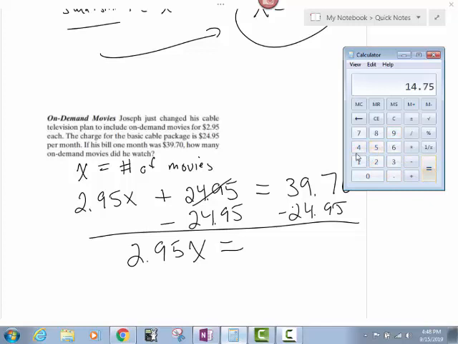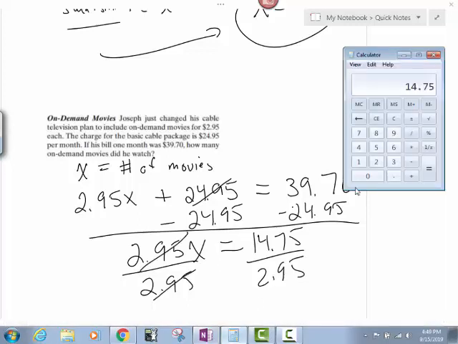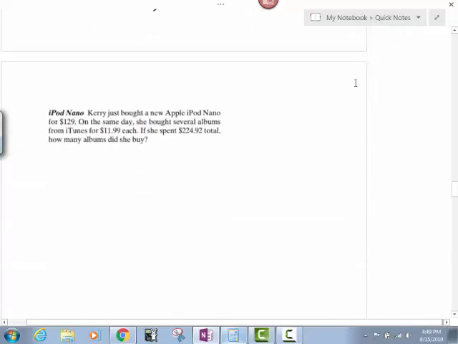And I'm coming up with $14.75. Now we just need to divide it by $2.95 because that's how much each one of those movies costs. So let's grab the calculator again. Let's divide it by $2.95. And it looks like he watched a total of 5 movies. All right.